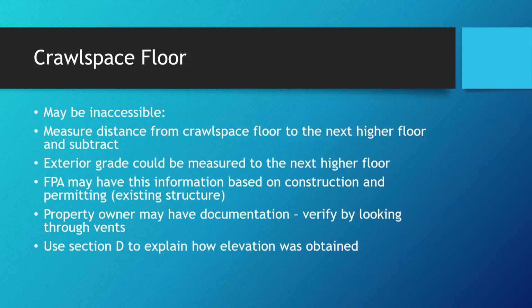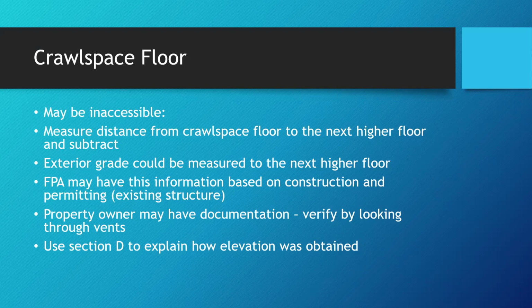Sometimes a crawl space is not accessible. So the instructions describe a couple of different methods that you might have to use to get that measurement. You could measure the distance from the crawl space floor to the next higher floor and then subtract it from the exterior.